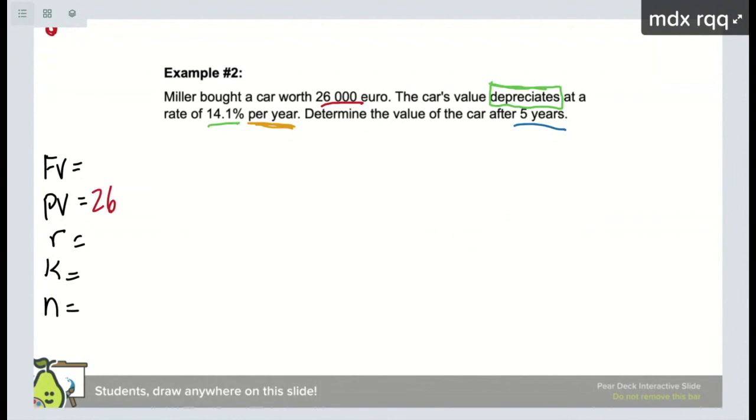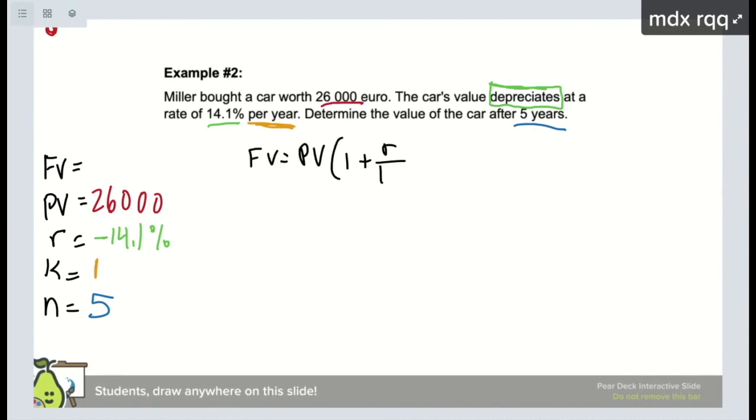And like this person said before, oh, that means negative. Well, that means my interest rate is now negative. Okay, that's 1, because it's once per year, and 5 years. There you go. And again, we just take our formula, equals PV, 1 plus R over 100 K, KN, and we just put in what we know.